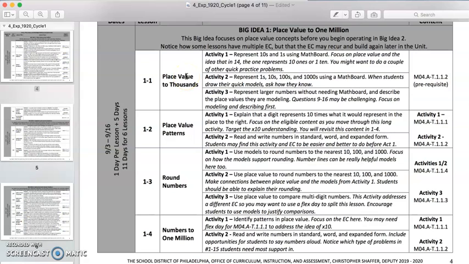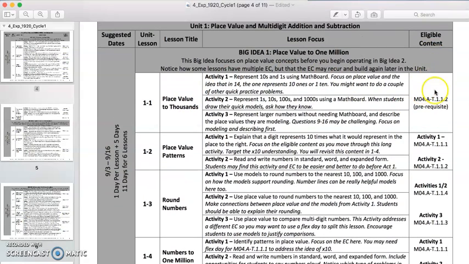The other key difference from last year is this column on the right. Math Expressions tends to say that each lesson is aligned to many standards. And that's great. It's great that they're integrating lots of standards and showing how they're connected. I think, though, as a teacher, it's really hard to focus attention and to make choices when I have so many standards.